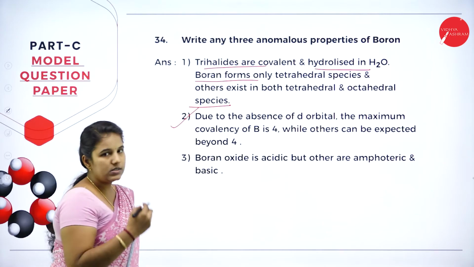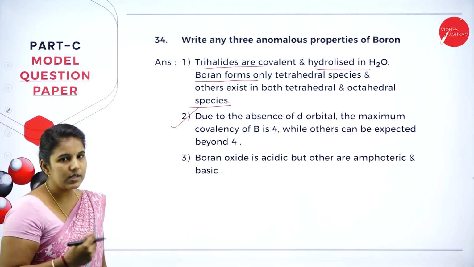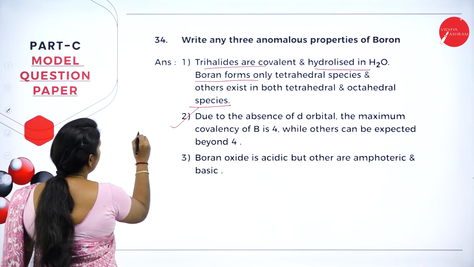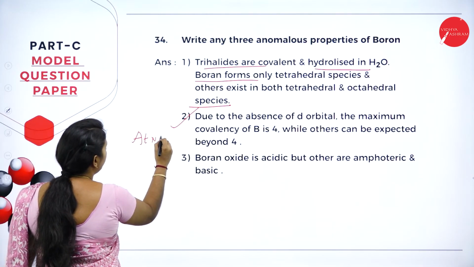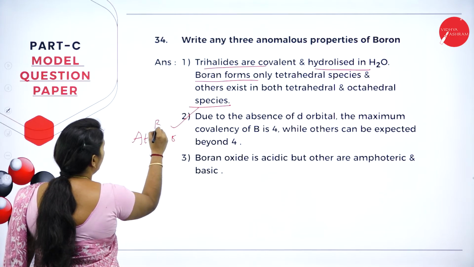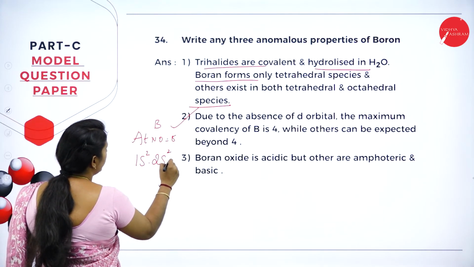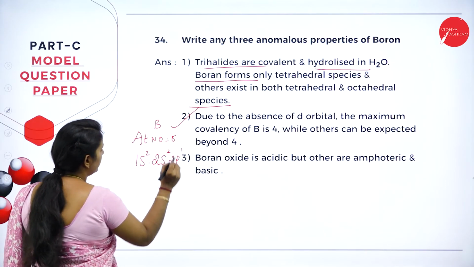And do you know the electronic configuration of boron? Its atomic number is 5, and it has 1s2, 2s2, 2p1.